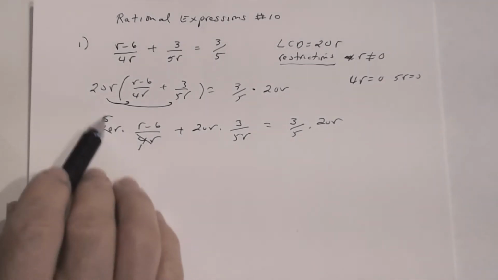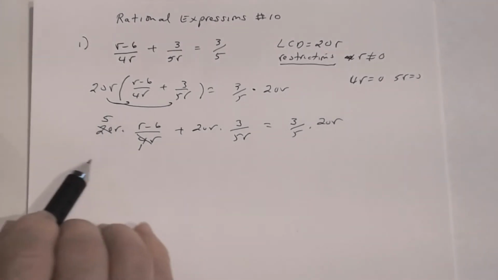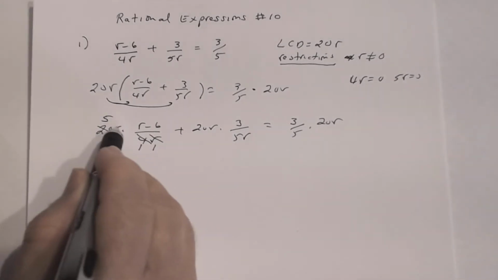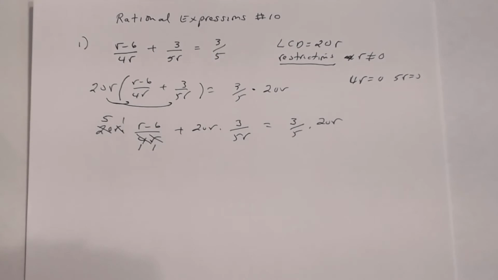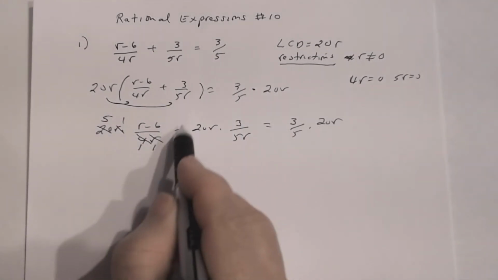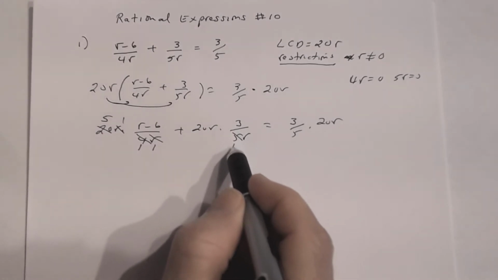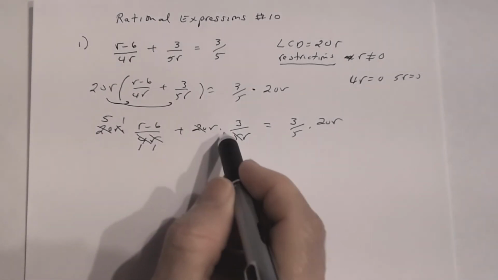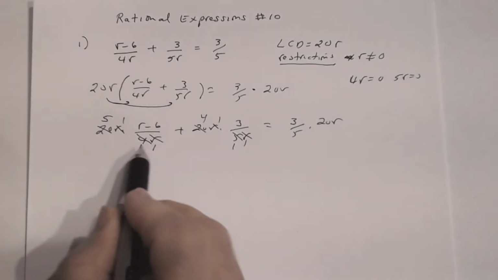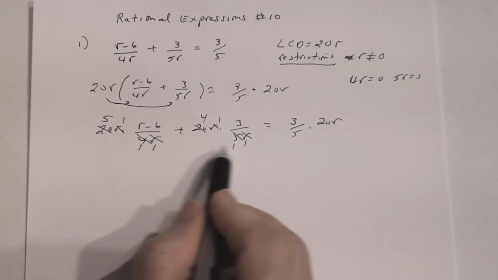It's 5 over 1, which is 5 divided by 1, which is 5, right? And then the r's divide out. So r divided by r is 1. If I go to the next term, 5 into 5 is 1. 5 into 20 is 4. The r's divide out. Now again, make sure you put factors of 1s in their place.